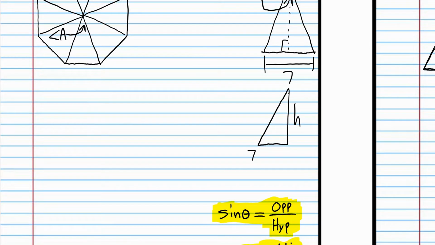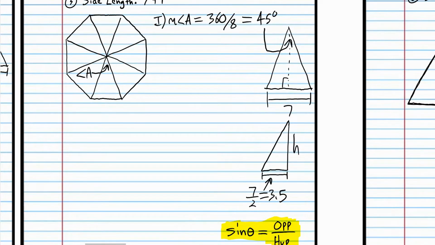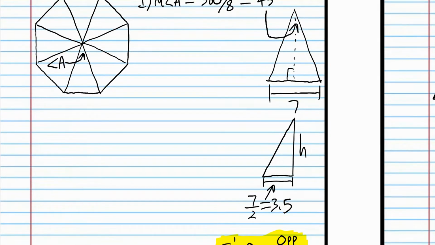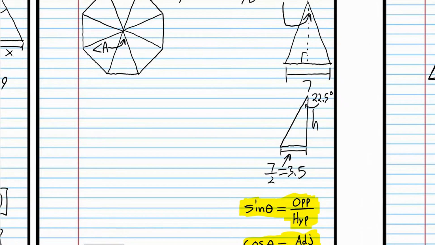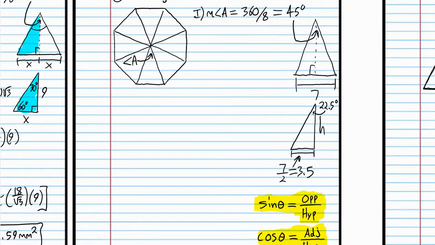So 7 divided by 2 is 3.5. That's going to be that length. And this angle here is going to be 45 divided by 2. So that's going to be 22.5 degrees. And we don't really have this side, and we don't really need it. So let's color that in there to make sure we know what's going on.